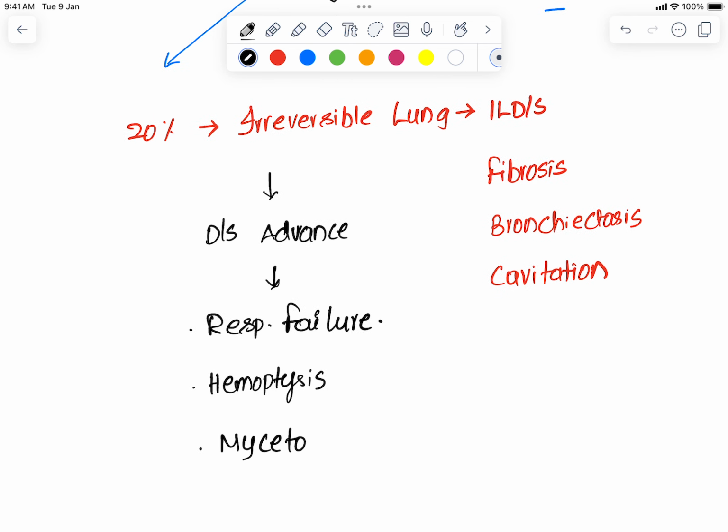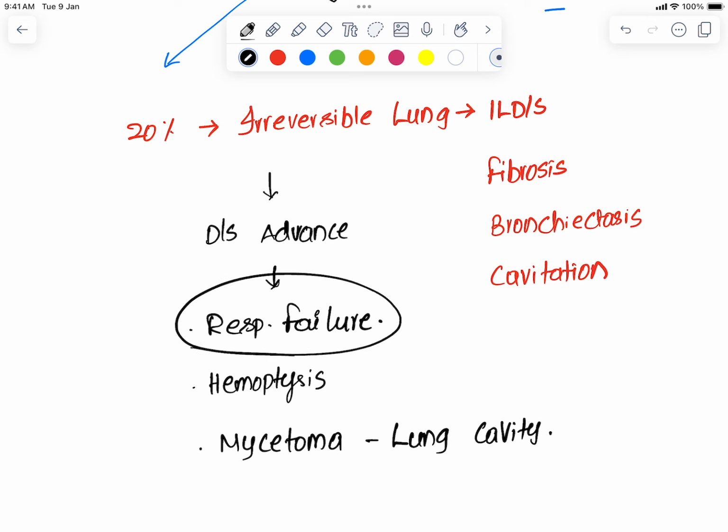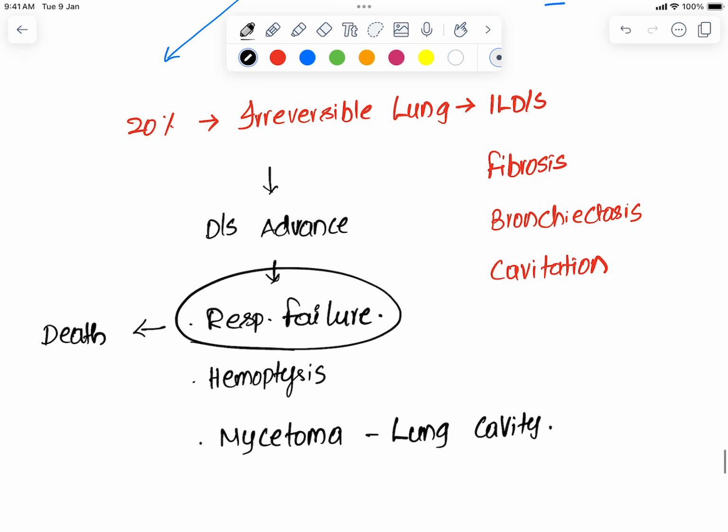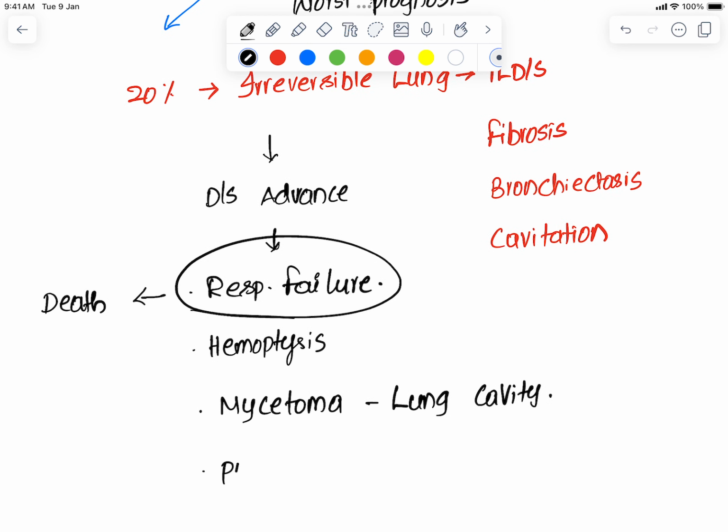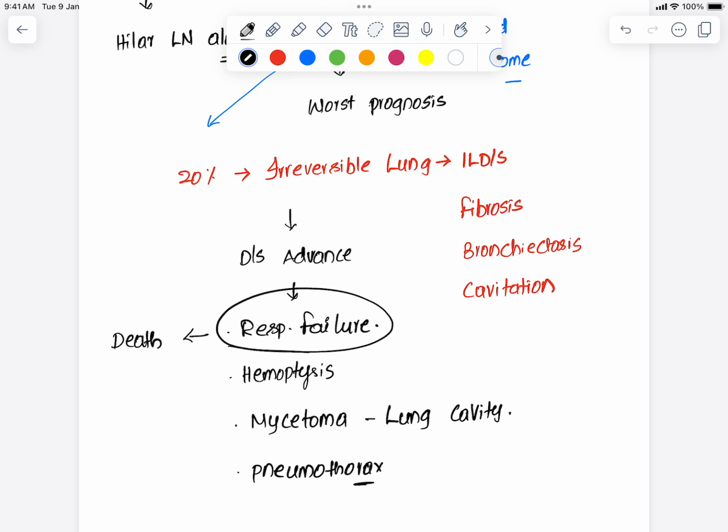So mycetoma formation within the lung cavity is nothing but aspergillus involvement. So in advanced cases, the cause of death is respiratory failure. Another complication that can be seen is the development of pneumothorax. So these are all the respiratory complications that you see in patients with sarcoidosis.